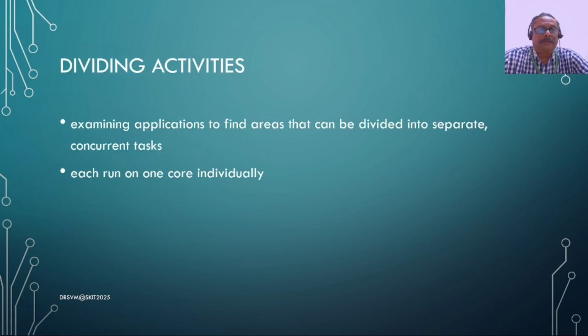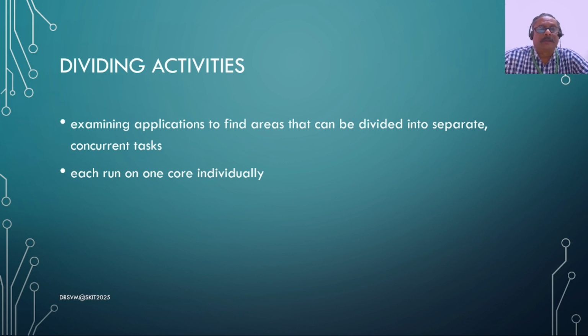Dividing the activities. While dividing the activities for different cores, we need to examine the applications to find the areas that can be divided into separate and concurrent tasks, so that each one can run individually on a separate core without any problems.